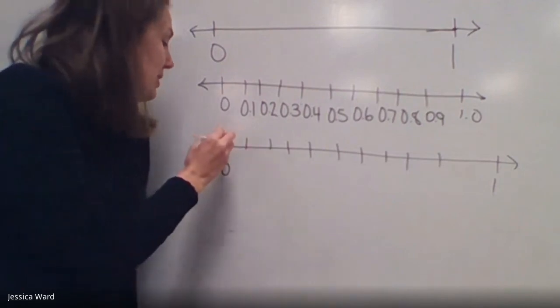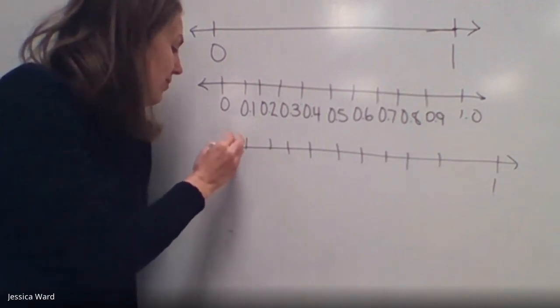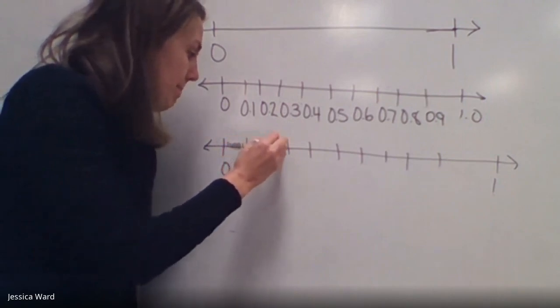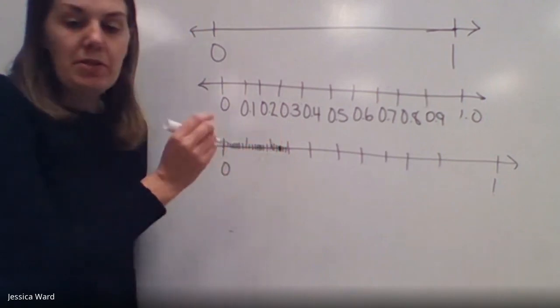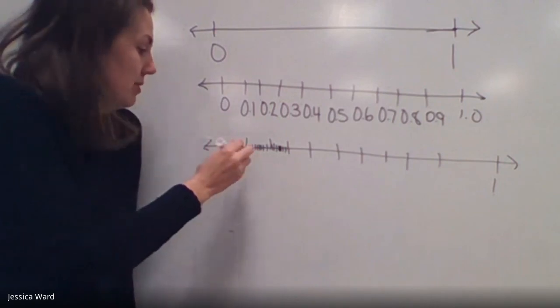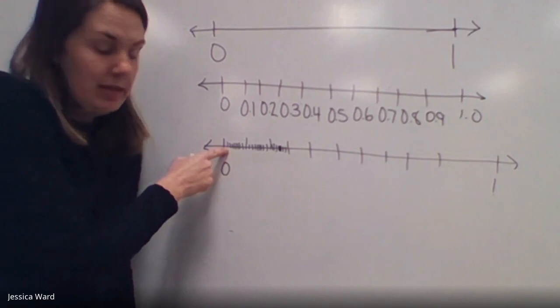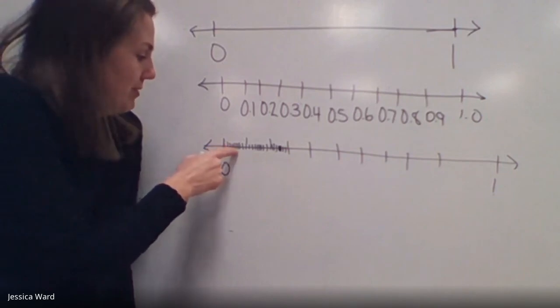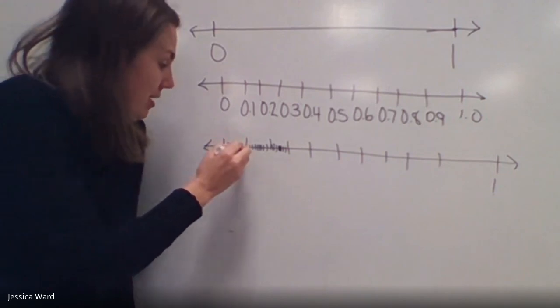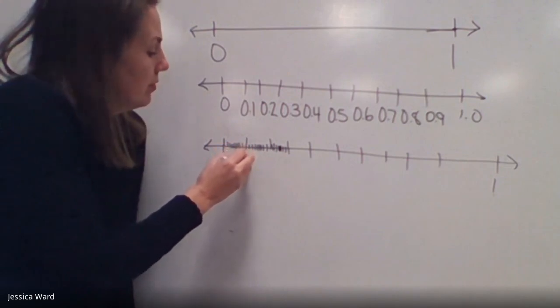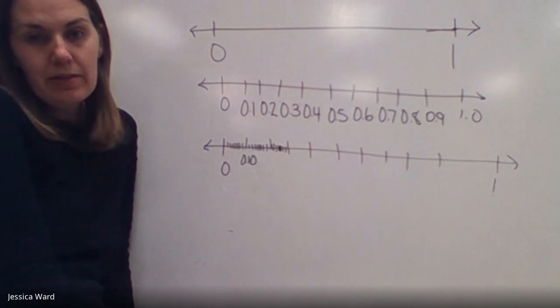But then between each of these, I also have increments of 10, right? So my first one is 1/100. Then I would have 1, 2, 3, 4, 5, 6, 7, 8, 9, 10 hundredths, which we would write like this.